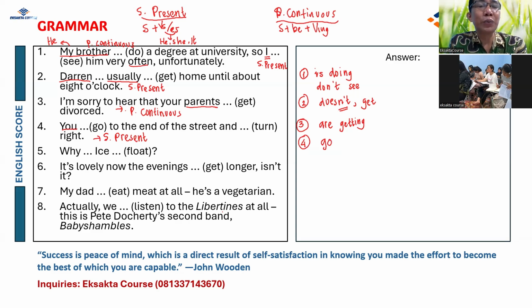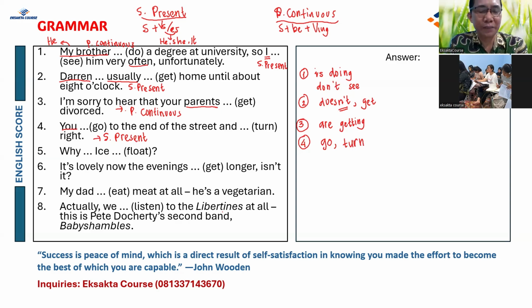Okay, you, we, they, and I, use verb one without s or es. Once again, you go to the end of the street and turn right. Turn without s or es too because the subject is you. Okay, it is simple present, number four.